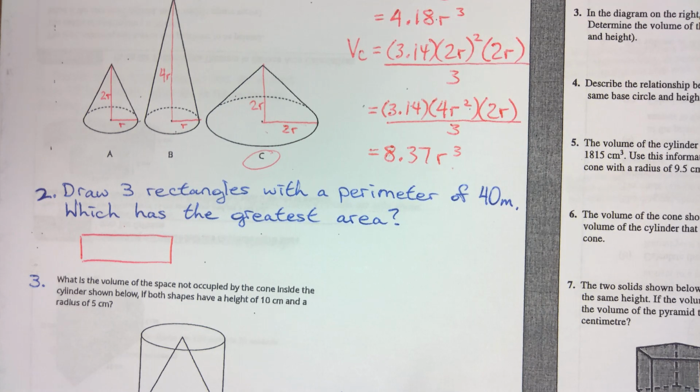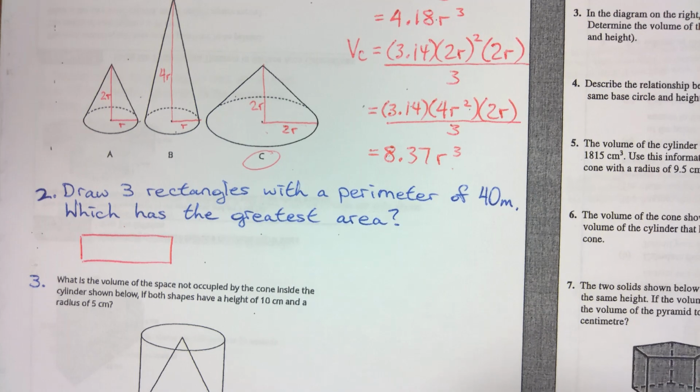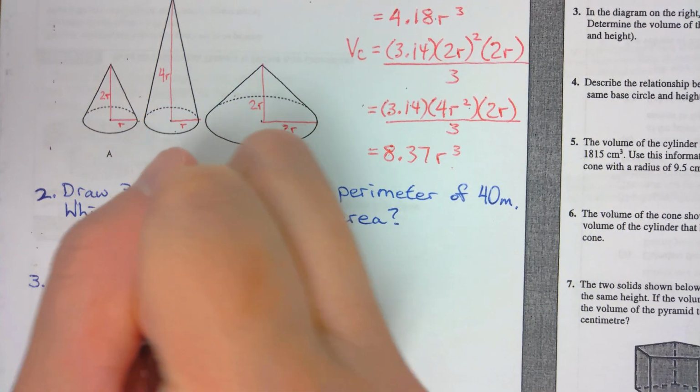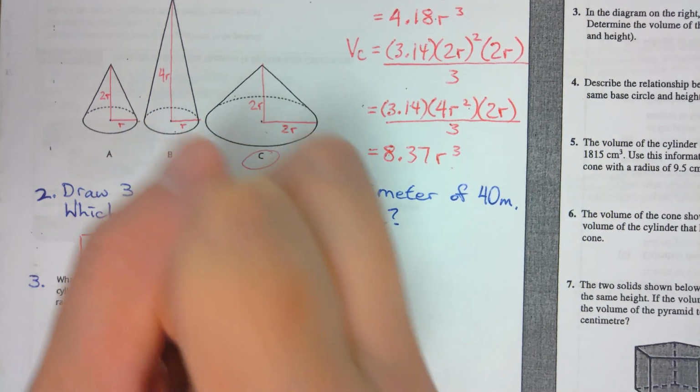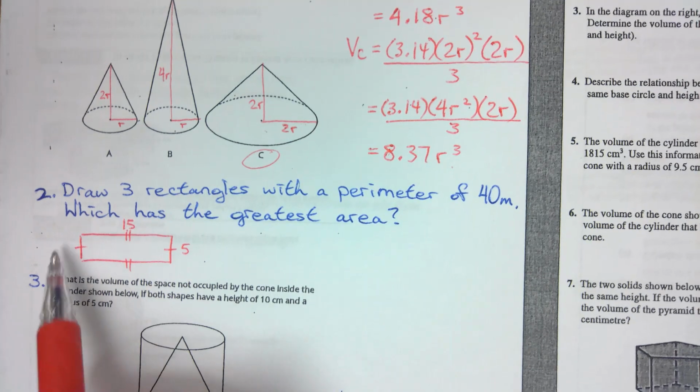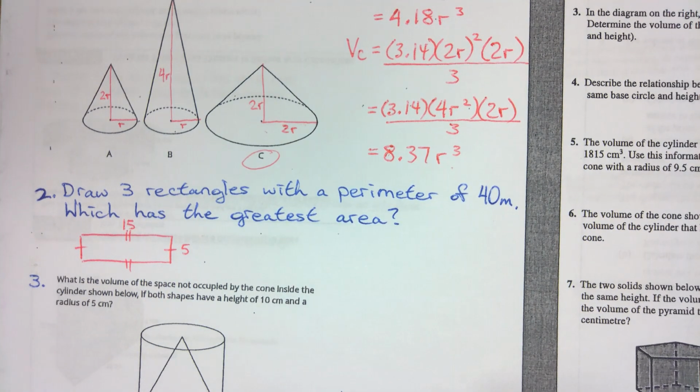Okay, Hiroki, you want to help him? Alright, then let's make sure we both pay attention, right? 15 and 5, good. Alright, so 15, 15, 5, and 5. Okay, that would add up to a perimeter of 40.